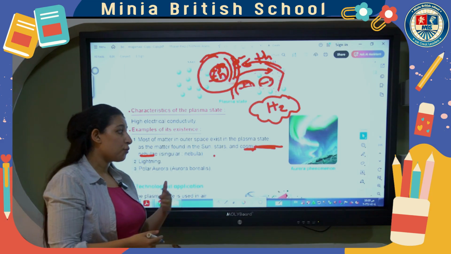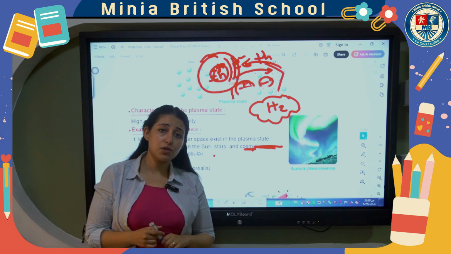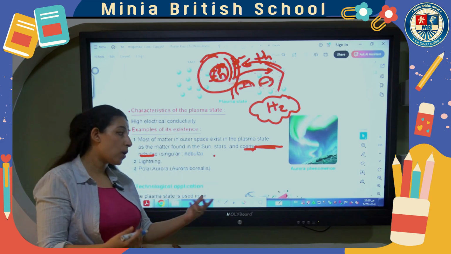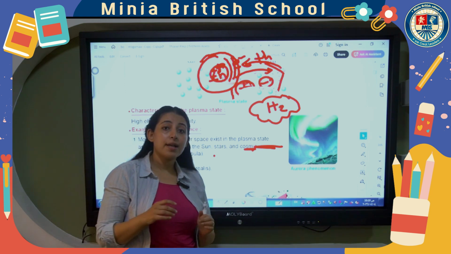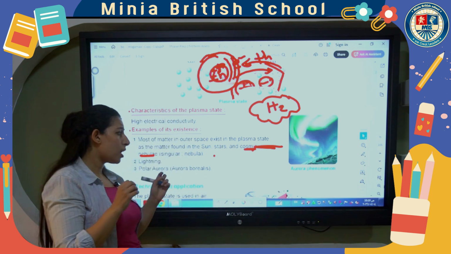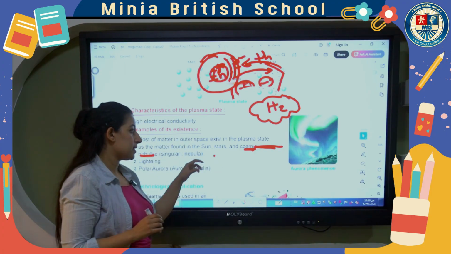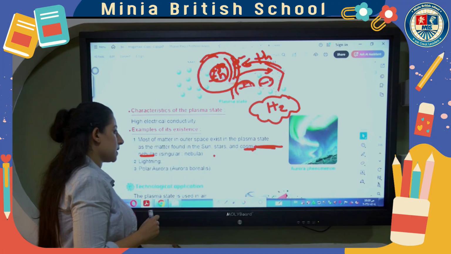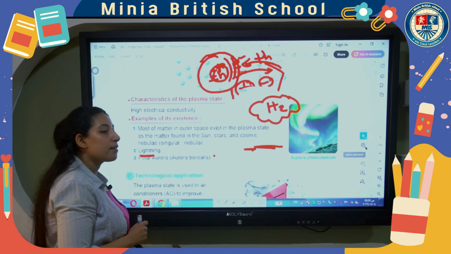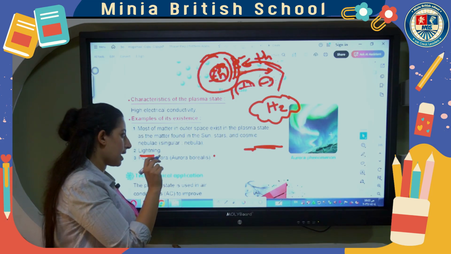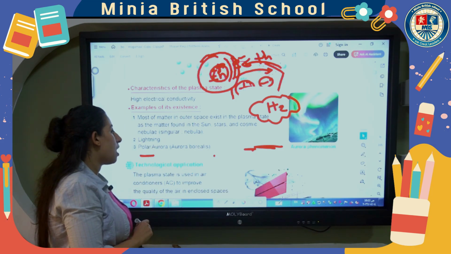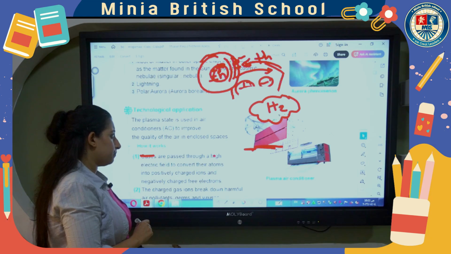You can search for it on the internet to understand more about the aurora phenomenon. But you have to know that the aurora phenomenon exists in plasma state, I mean after the ionization of gases. Okay.